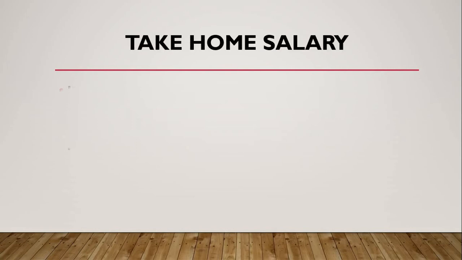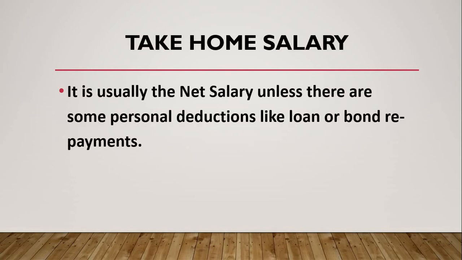So next one, take home salary. Take home salary is usually the net salary unless there are some personal deductions like loan or bond repayment, salary advance, canteen deduction. After those deductions, whatever the remaining balance is, that is called take home salary.